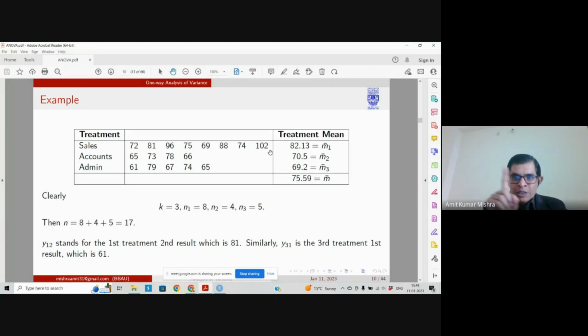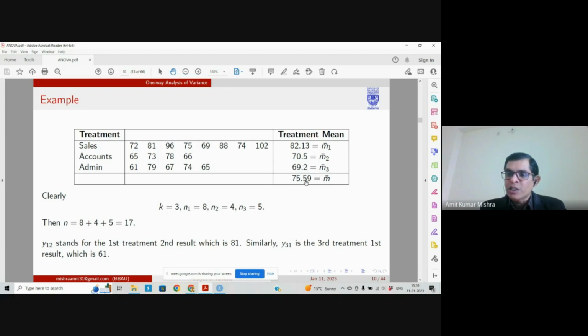So if the means are the same, the individual means will be very close to the overall mean. Here you can see M1 bar, which is 82.13, and M bar, that means overall, 75.59. There is a difference between them. There is a difference between 70.5 and 75.59. There is a difference between 69.2 and 75.59.